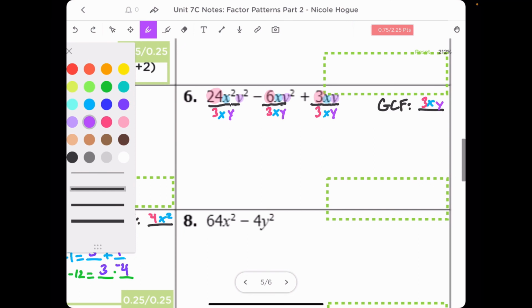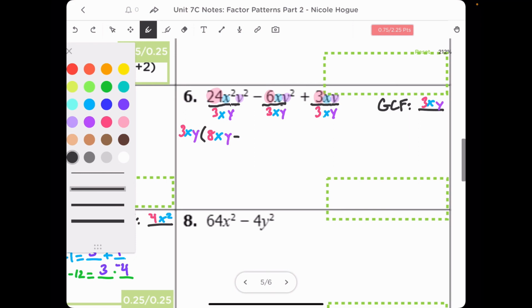So 3 times x times y would leave us with 24 divided by 3, which is 8. X squared divided by x is just x, and y squared divided by y is just y.